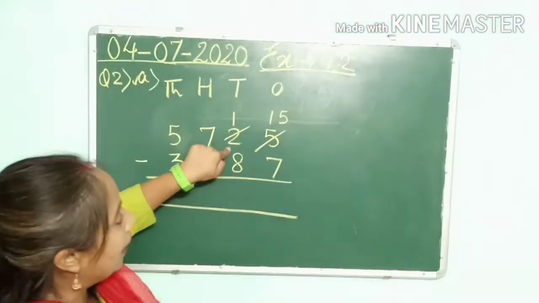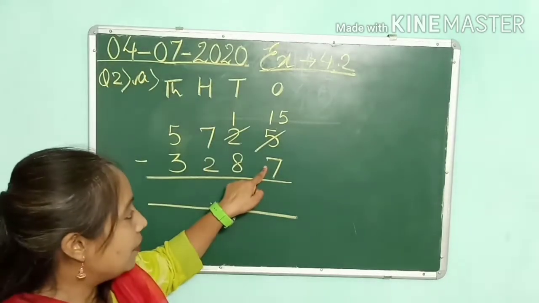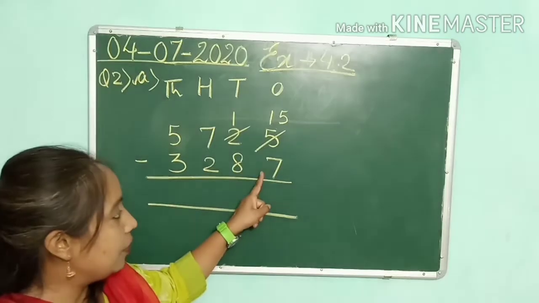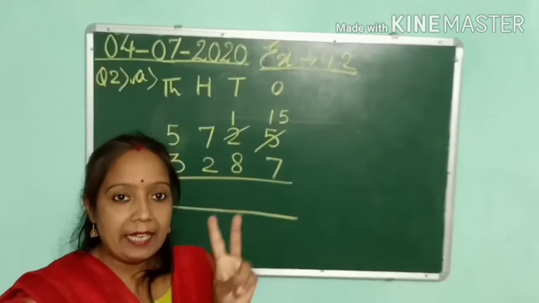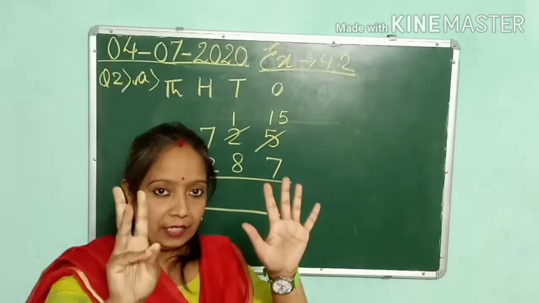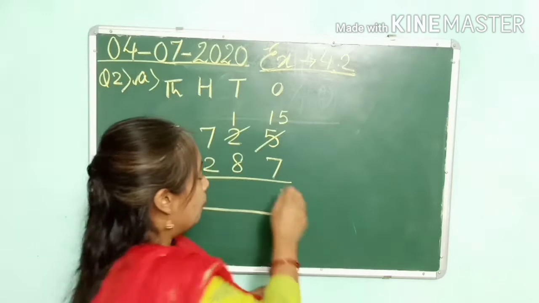Now you have to subtract 15 and 7. So better after 7 you start counting till 15. It will be easier. So after 7 you start 8, 9, 10, 11, 12, 13, 14, 15. How many fingers? Yes, 8 now. So write here 8.